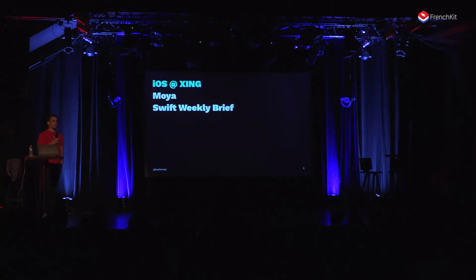Before we jump into that, I just recently started at Zing, which is a company in Hamburg in Germany, which is basically LinkedIn for the German market, working on not only the app, but also the continuous integration and all of that, which is pretty cool.